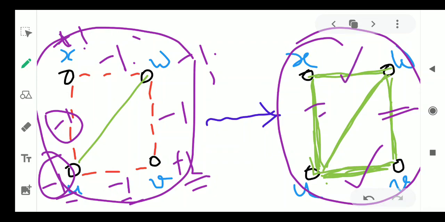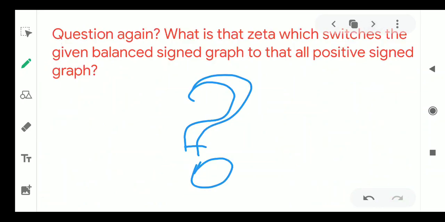So you can see that zeta of U must be minus 1, zeta of V must be plus 1, zeta of W must be minus 1, zeta of X must be plus 1. So using that zeta, you can make the given sine graph, which is balanced, switching equivalent to the all positive sine graph. So that completes the video.